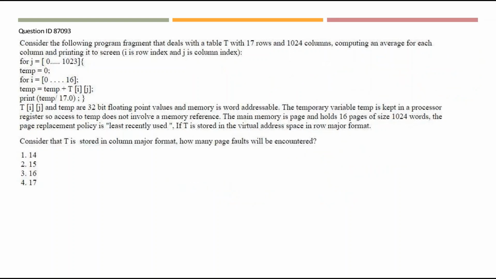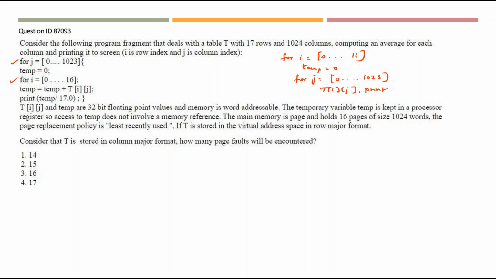Next question. Consider that T is stored in column major format. How many page faults will be encountered? For i equal to 0 to 16, temp is equal to 0. For j equal to 0 to 1023, the access is taking place and printing is taking place.